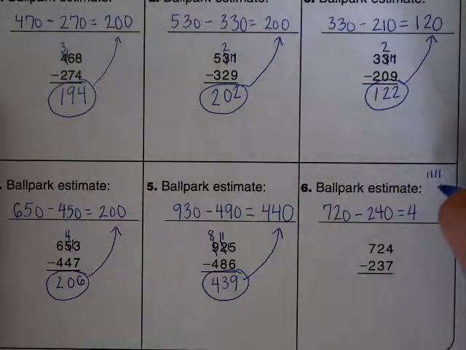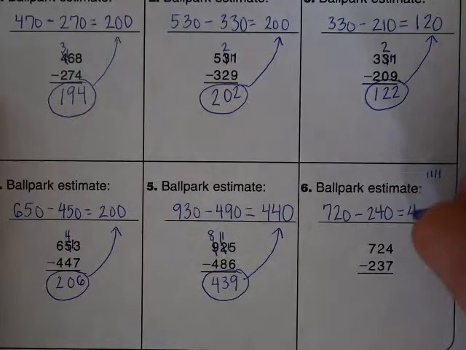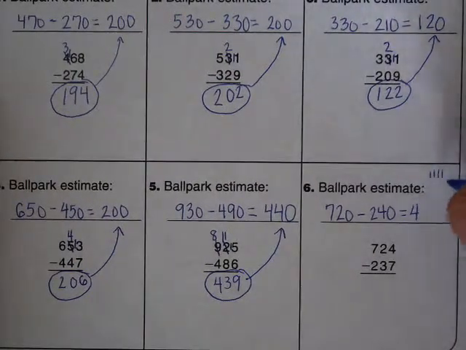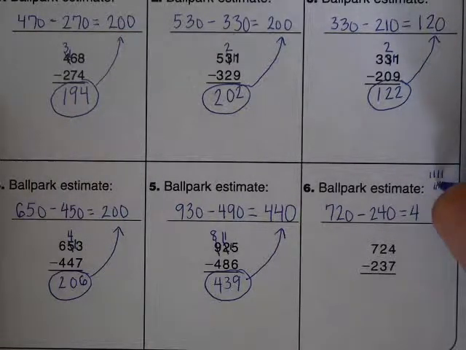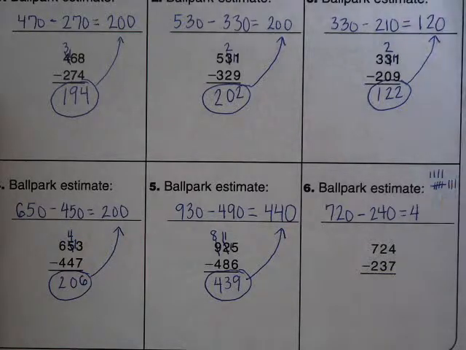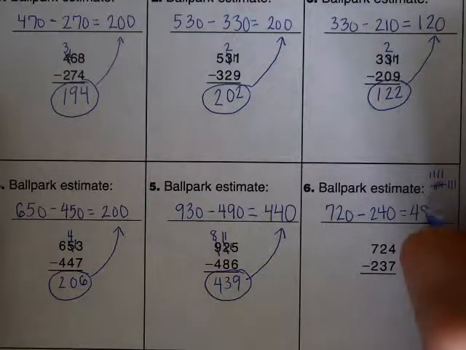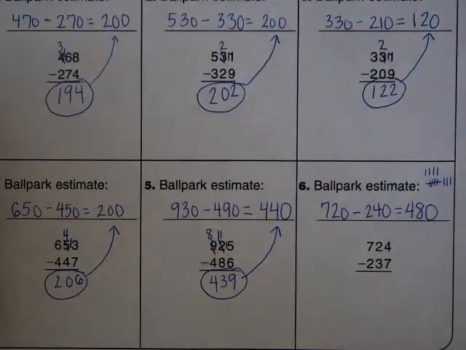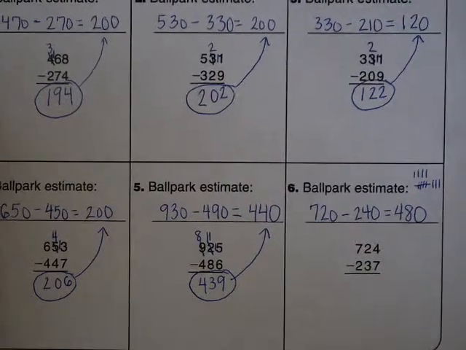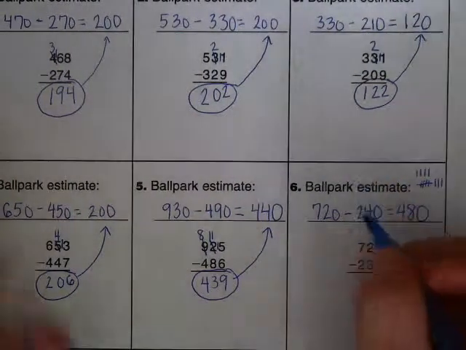And then if we count up by tens, we have 640, and then 650, 60, 70, 80, 90, 700, 710, 720. So we have 4 hundreds, and then we have 8 tens, so that's 480. Okay, for an estimate, 480.